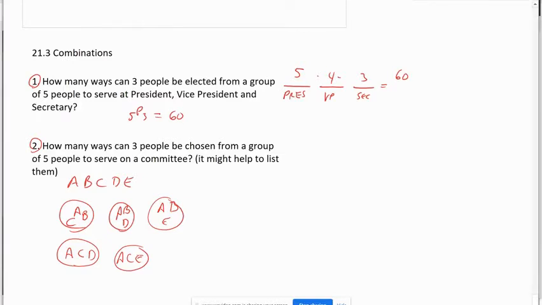Okay, and then A is no longer part of the picture. So now if we look at B, we can do B, C, D as a group. B, C, E as a group. I think that's it for starting with B. And then there's only one group left: C, D, E. Let's see.